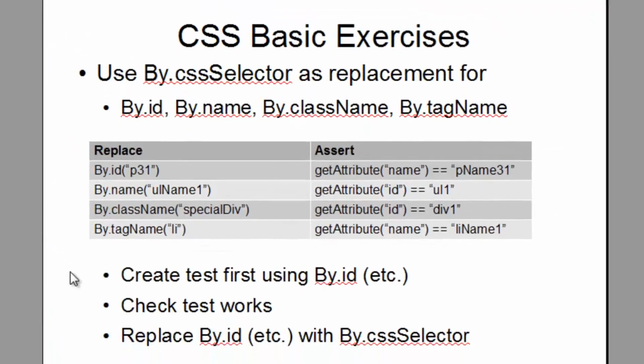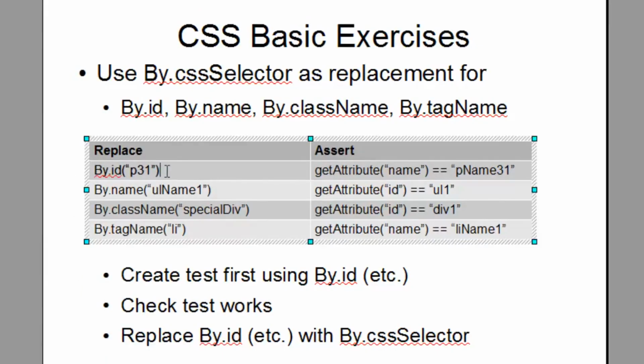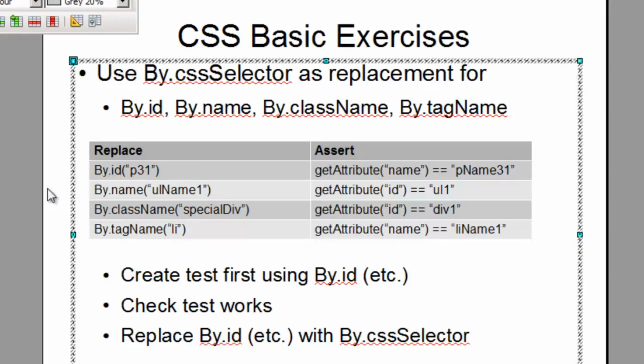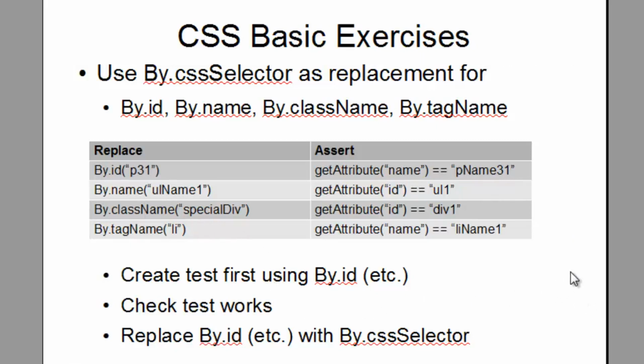Then create a test that is a findElement using the by ID for p31, and then create an assertion on get an attribute name and assert that it equals pname31. Create another test for by name ul name1. Then make sure the test has an assertion to check that the ID attribute is ul1.